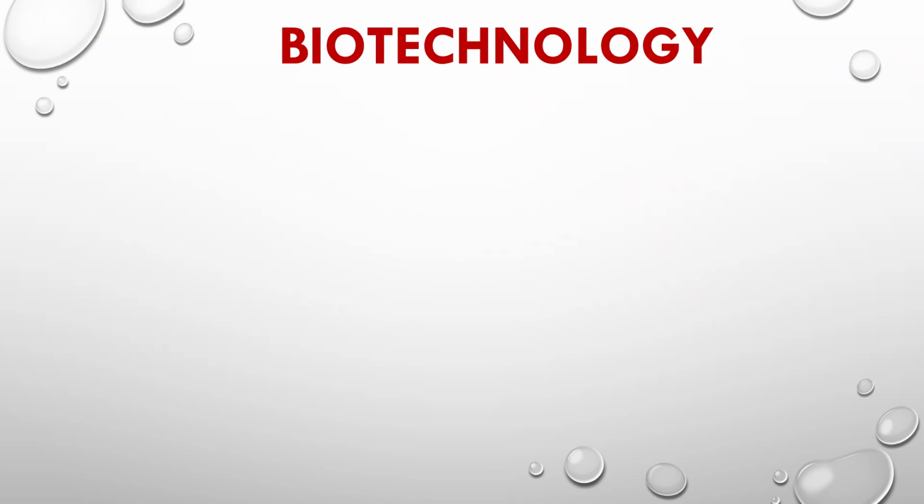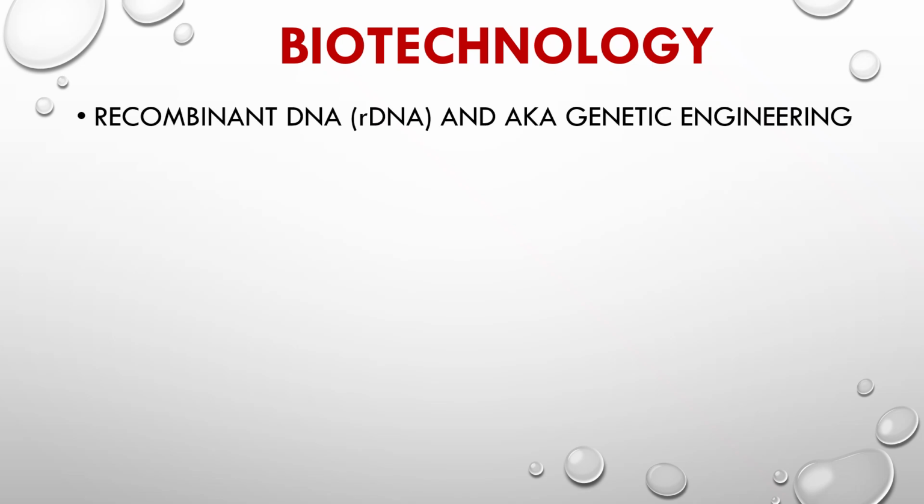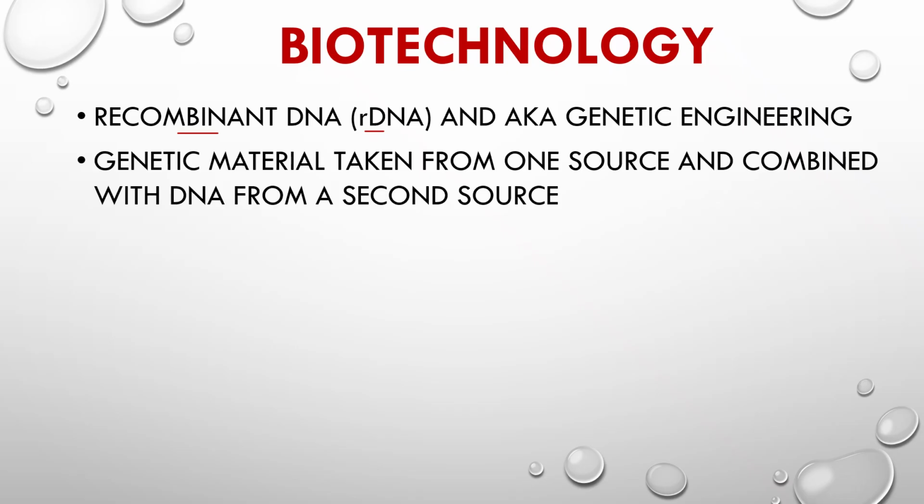All right, so then the biotech, this is especially with the COVID vaccine, and insulin is moving into this. Biotech is whenever we're using recombinant DNA, abbreviated rDNA. This is also genetic engineering, and there is lots of information out there about this. This is where we're taking genetic material.